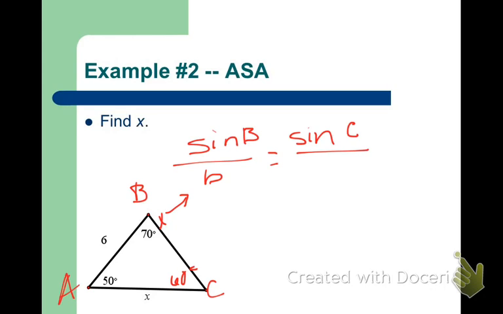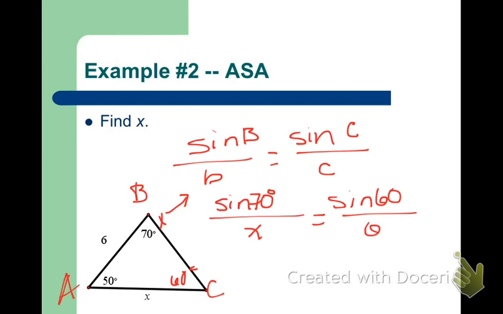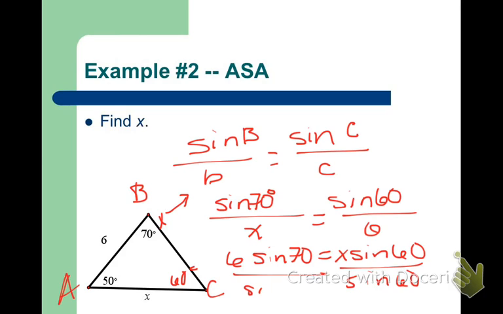So actually, I want to do the sine of C over C, because I know both the angle and the side with just a little bit of work there. So I'm going to cross multiply. 6 times the sine of 70 is equal to x times the sine of 60. And then I'm going to divide both sides by the sine of 60. And I'm going to do this all in my calculator. And we get x equal to 6.5 in this case.